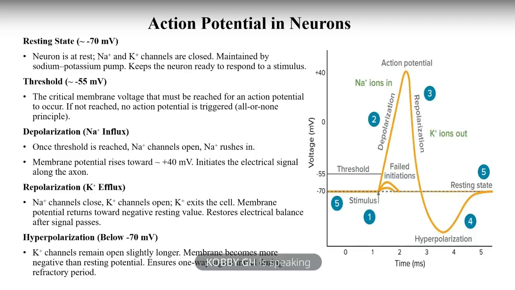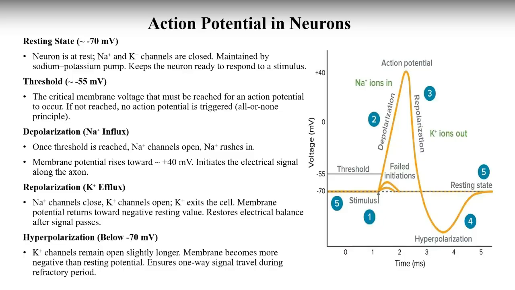Okay. So you have two types of potentials: the membrane potential and the action potential. The action potential is the movement of impulse along the axon. And the membrane potential is the difference between the electric charges across a neuron membrane.